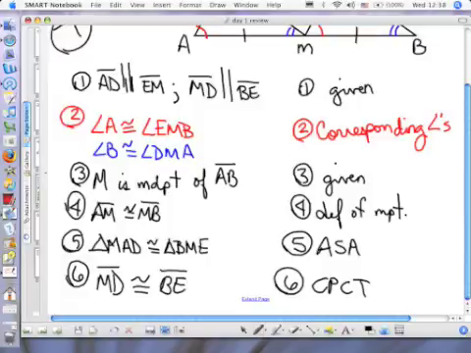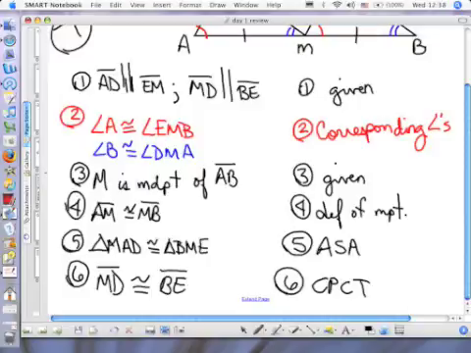CPCT: corresponding parts of congruent triangles. Can you go over steps 5 and 6 real quick again? We are trying to get enough information to prove that the two triangles are congruent to each other. Because if we can prove that, then we know that all of the corresponding parts are congruent to each other.